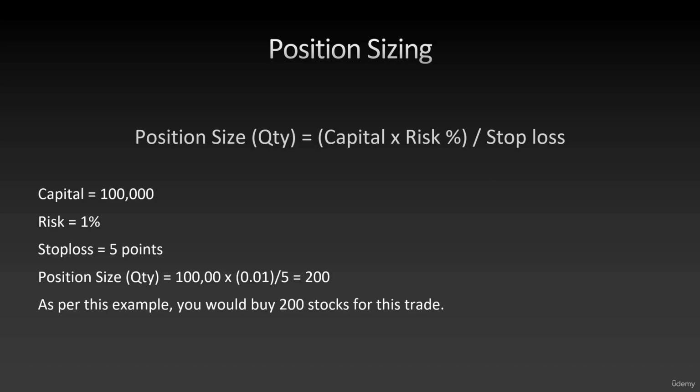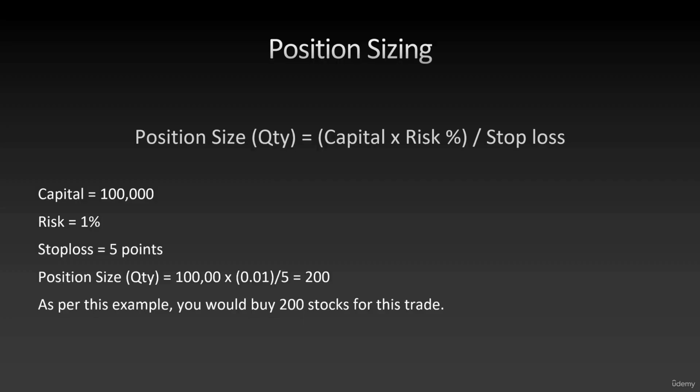In that case, we will calculate the position size as 100,000, which is our capital, multiplied by the risk percentage. Risk percentage is 1, and if you convert it, it gives you 0.01, divided by your stop loss size, that is 5 in this case, and that gives us 200.